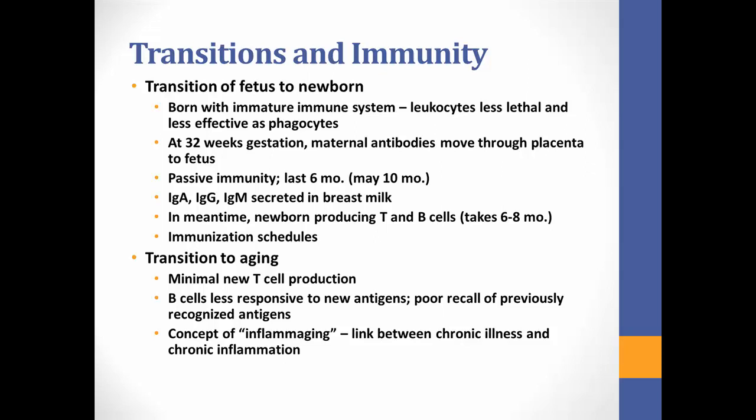So what this basically means is, as we get older, our T cells are less caring about meeting new antigens. But more importantly, they're more forgetful. They've forgotten that they have already met this antigen, and so they don't respond as effectively.